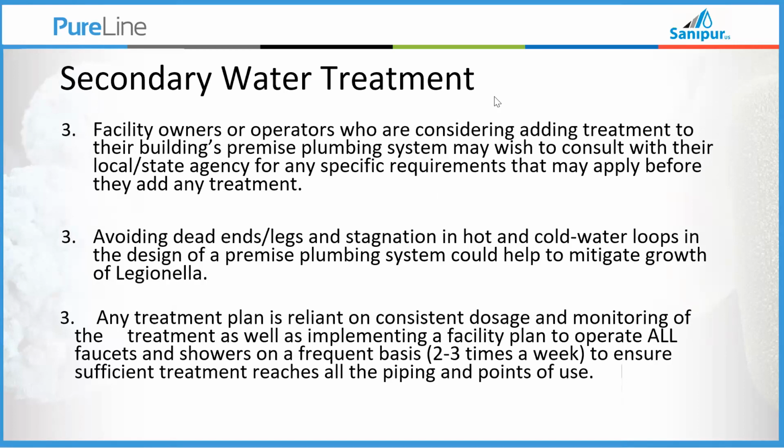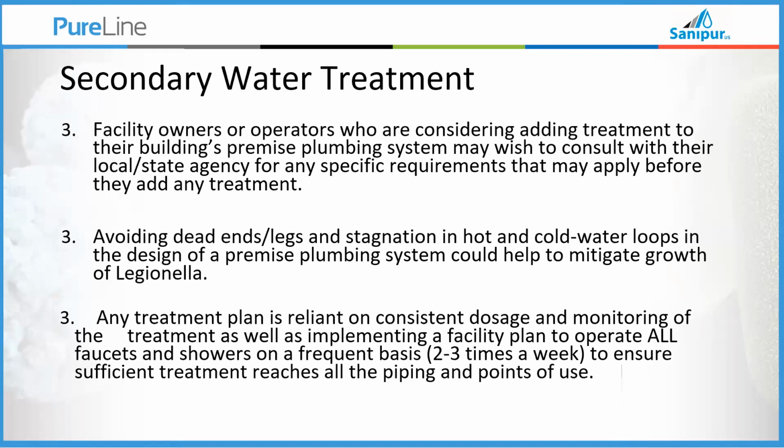So any facility that's considering putting in a treatment plan should always consult with their local and state for regulatory and permitting requirements. Any secondary water system, anything you're going to inject into the water at these public facilities is going to need to meet whatever their standards and regulations are.